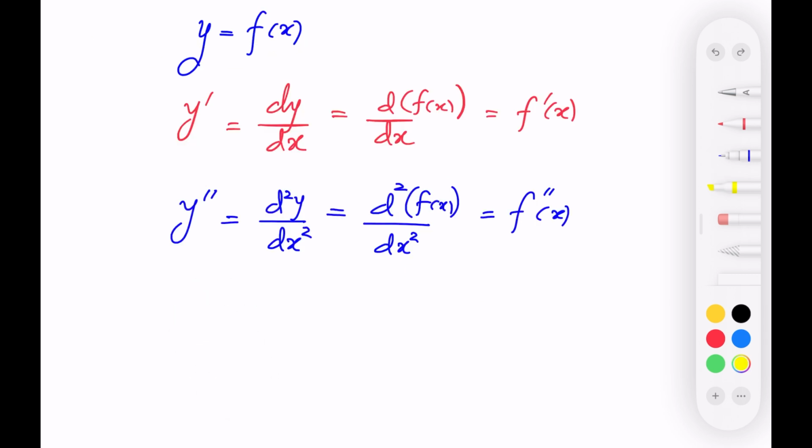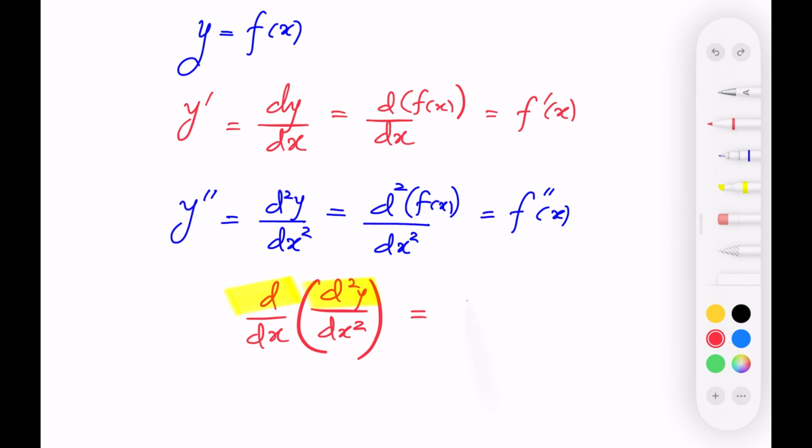Let's now assume that f of x is differentiable even 3 times. That means if I have to differentiate the second derivative, how would you write it? D by dx of the second derivative, which is d squared y over dx squared. If I look at the numerator, I have to multiply d by d squared y. Therefore, it can be written as d cubed y over, in the bottom, I have dx times dx squared.